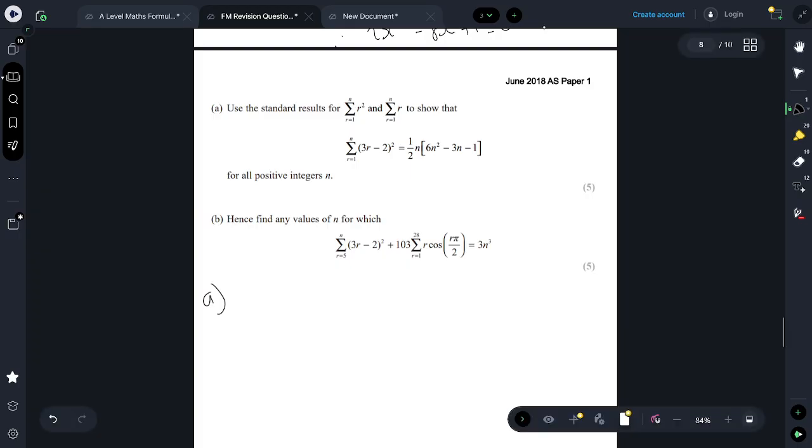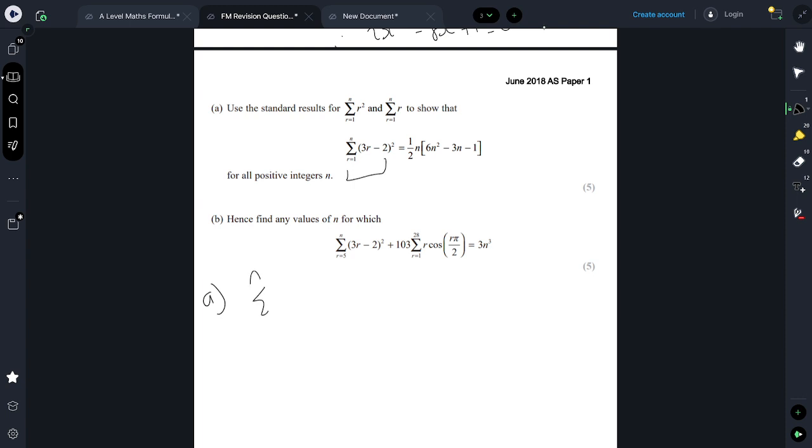Use the standard results for the sum of r squared and the sum of r to show that... Well, like with usual series questions, we're going to need to expand. So, 3r minus 2, squared. Actually, I'm going to do it in here.